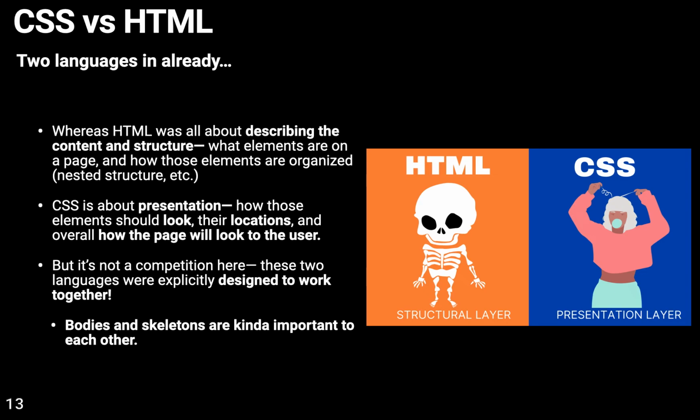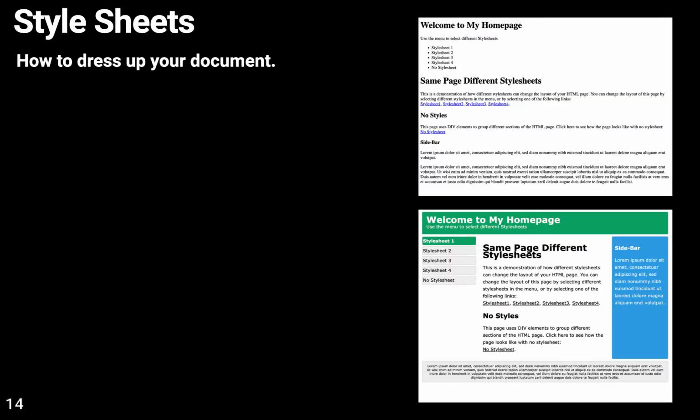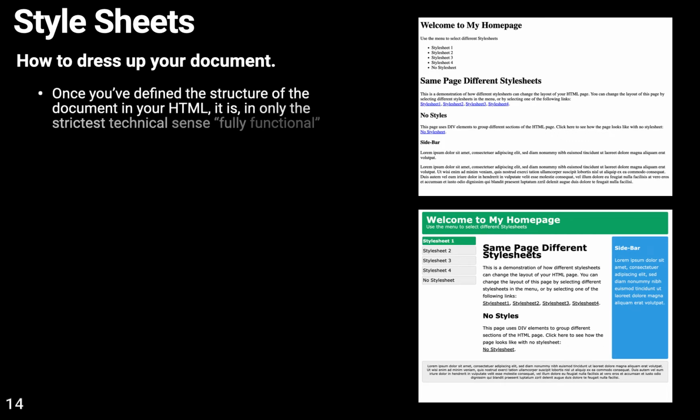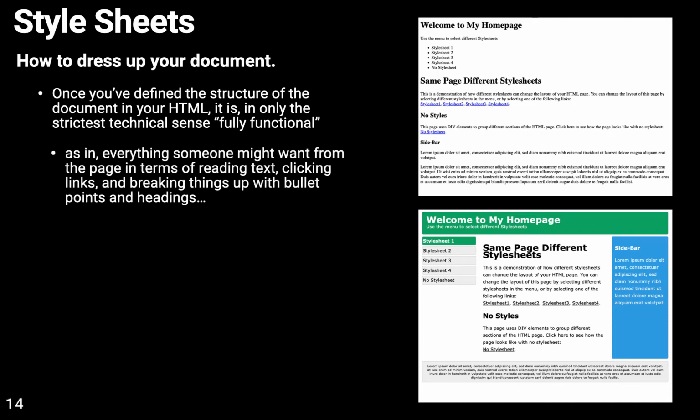So let's keep going with the definition. So style sheets. What are we talking about with style sheets? How we dress up our document. So once you've defined the structure of your HTML, in the strictest sense, it's fully functional, right? One could read everything on the page. One could click all of the links and the bullet points.